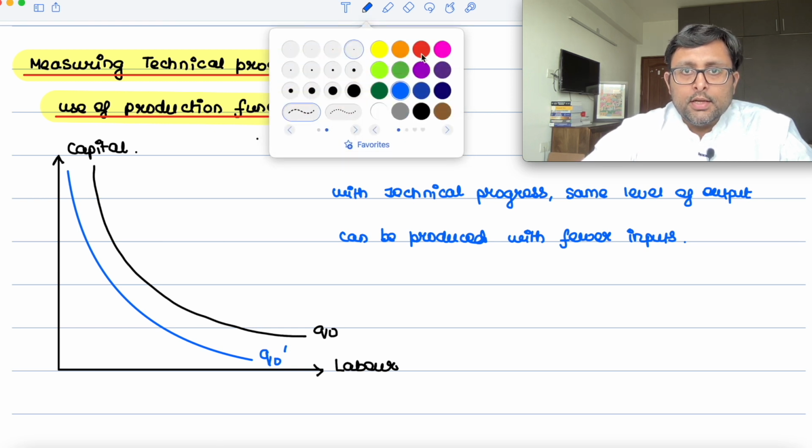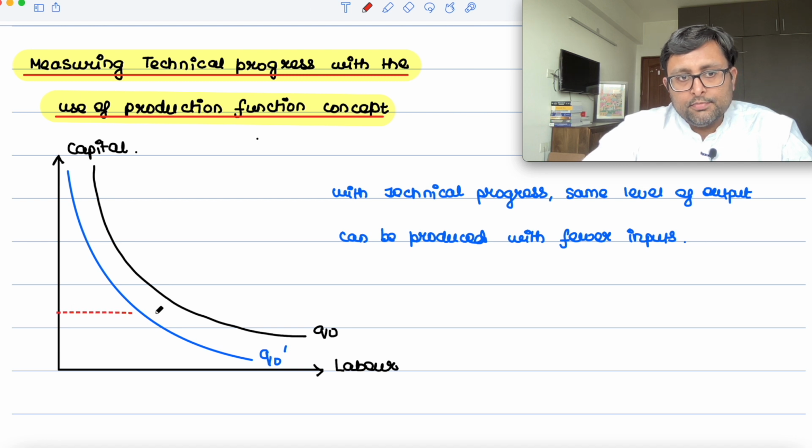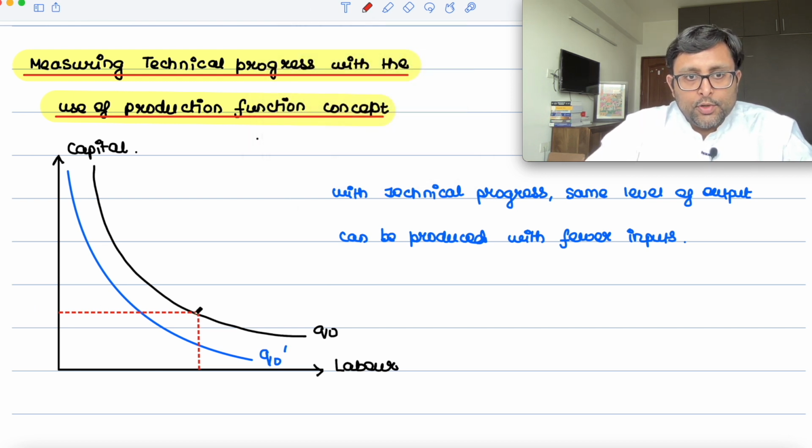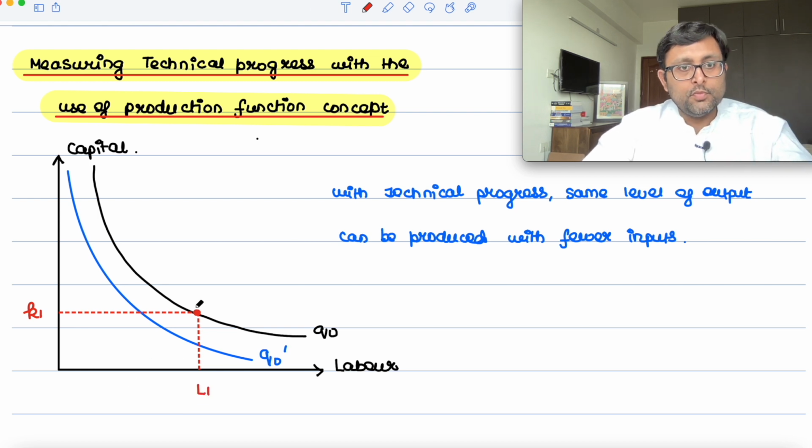He says that let's say you are at this point, and you were using, let's say, K1 amount of capital and L1 amount of labor to produce this level of output.